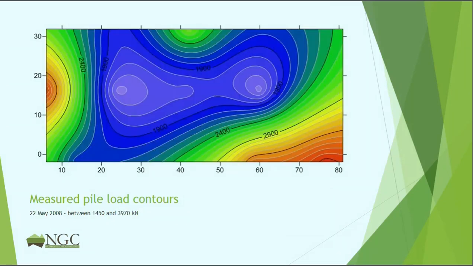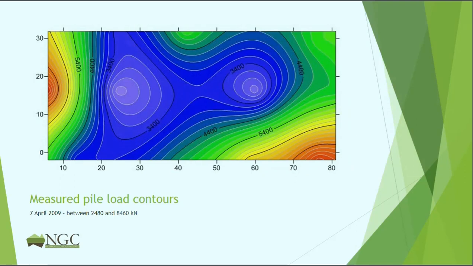As the building went up, again, we've got the highest loads in the red areas and lowest loads still in the middle. So exactly the opposite of the linear elastic spring on rigid base model. And here we're getting up to over 8,000 kilonewtons on each pile, but still the lowest loads in the middle.